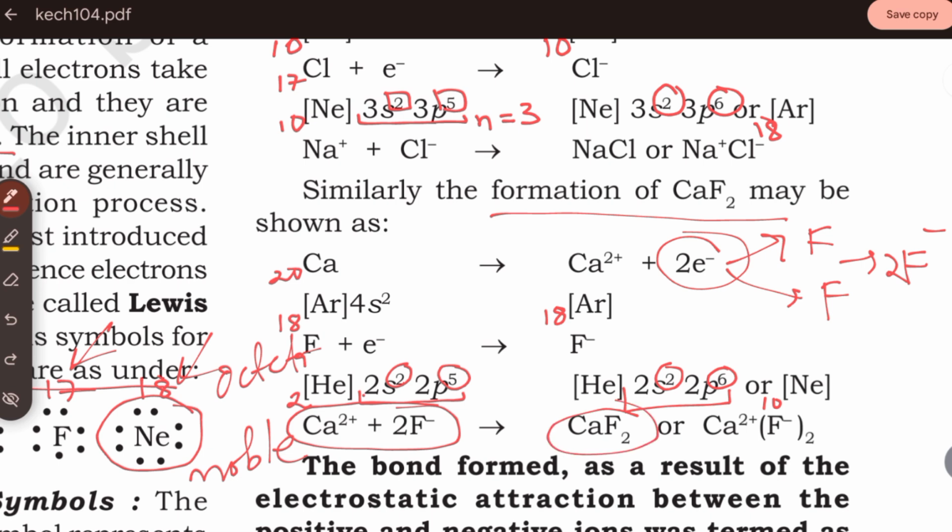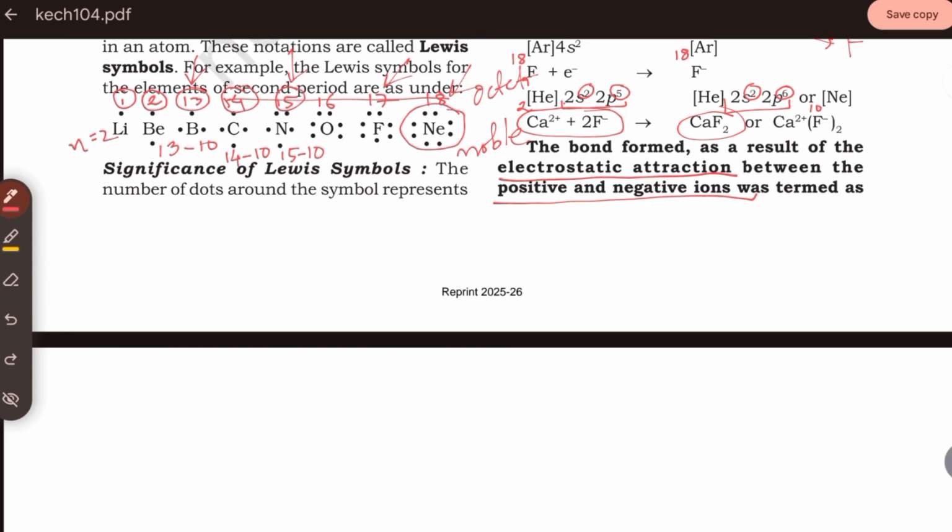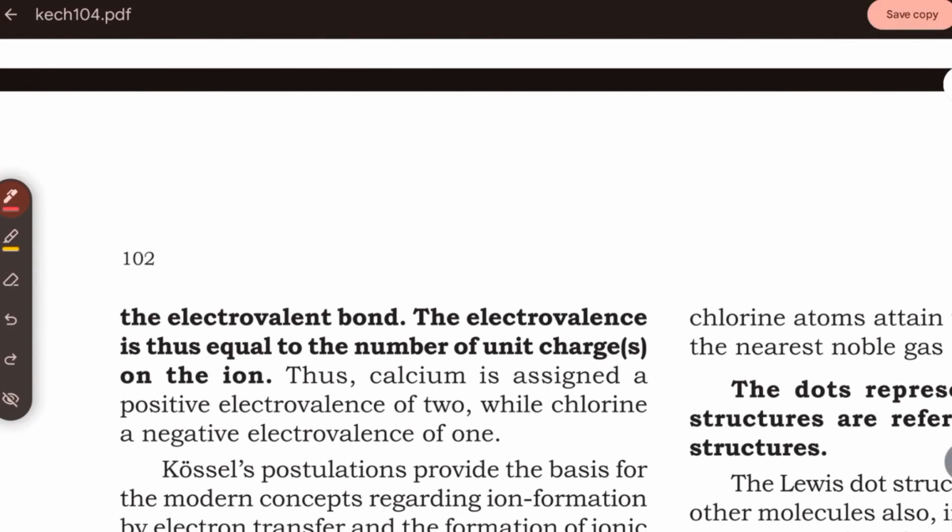That is how CaF2 is formed. And this type of interaction is known as electrostatic attraction between the positive and the negative ions, and the bond is an ionic bond, or I will say electrovalent bond.